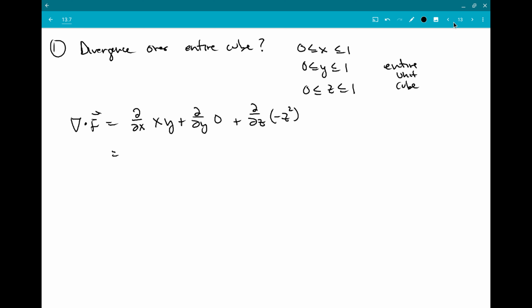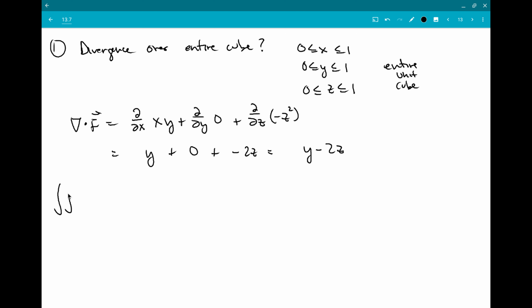So d dx of xy is going to give us just y, which is a constant as far as x is concerned. d dy of 0 is 0. And d dz of minus z squared is minus 2z. So this is going to be y minus 2z.